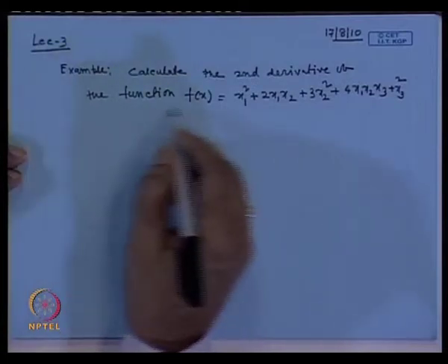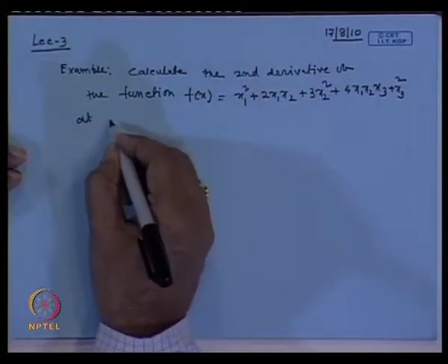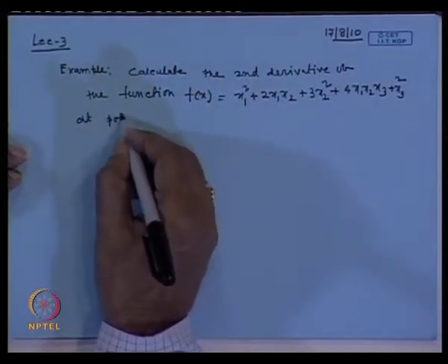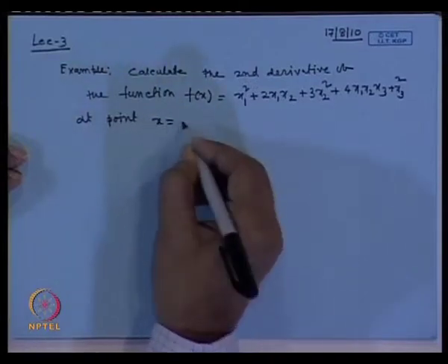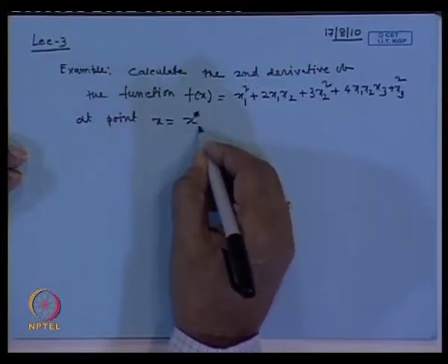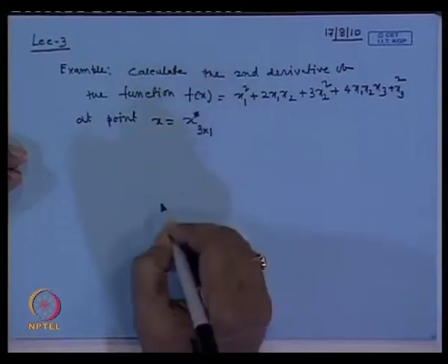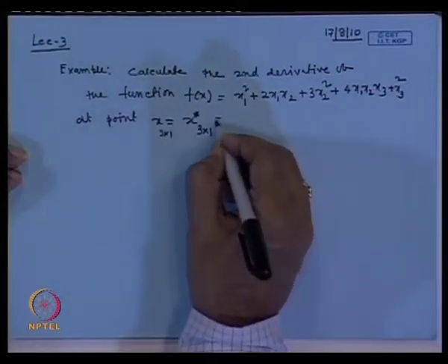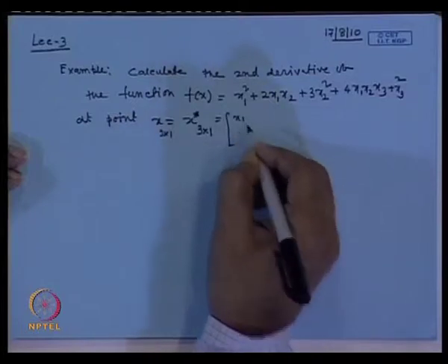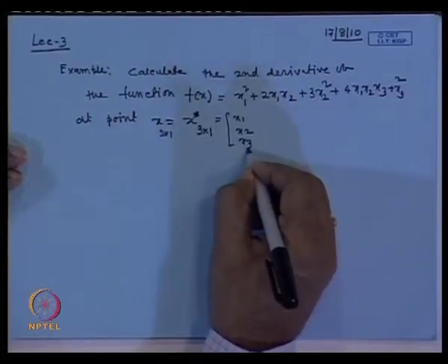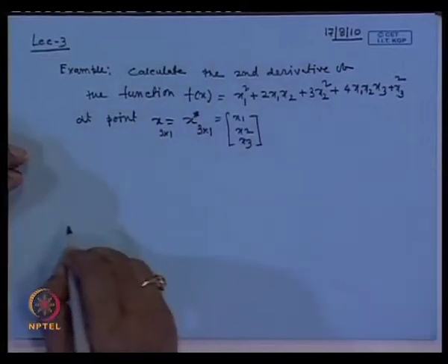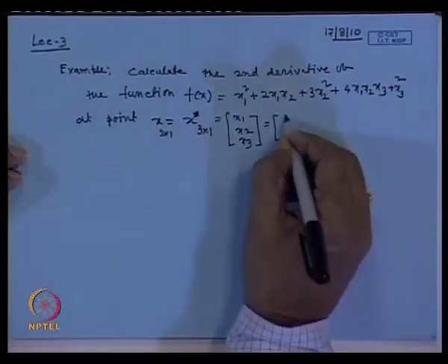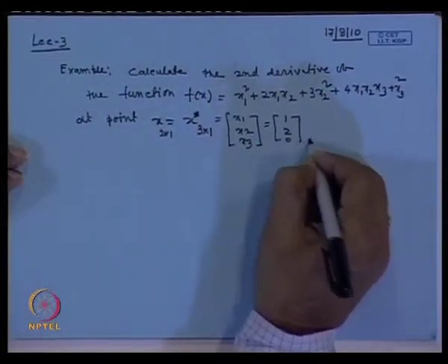Calculate the second derivative of the function at point x is equal to x star. Here the dimension of x is 3 cross 1, that means it has x 1, x 2 and x 3, and these values are given as 1, 2, 0.